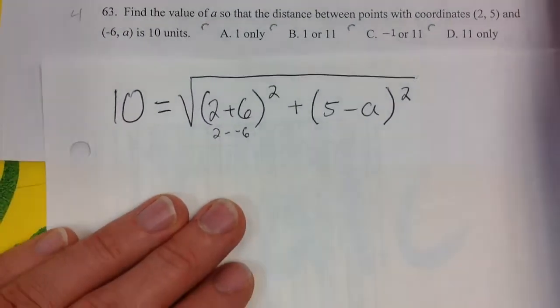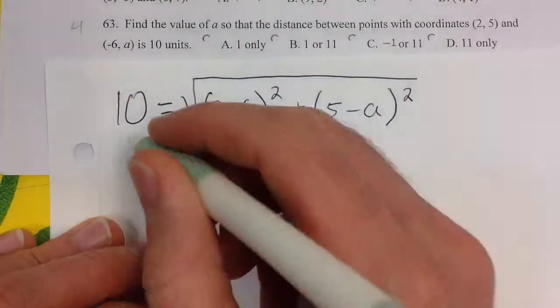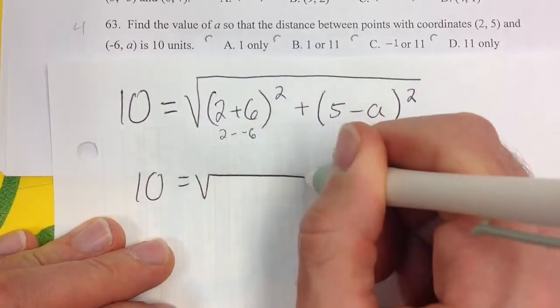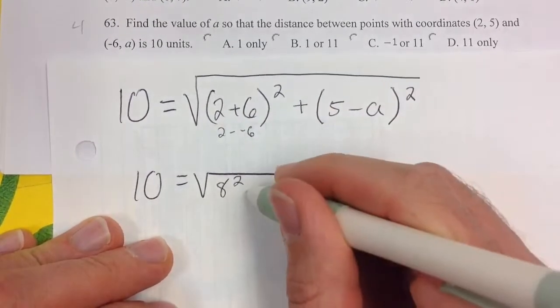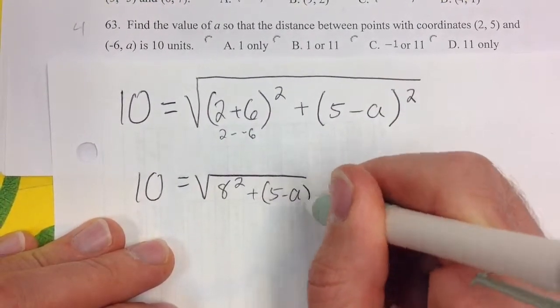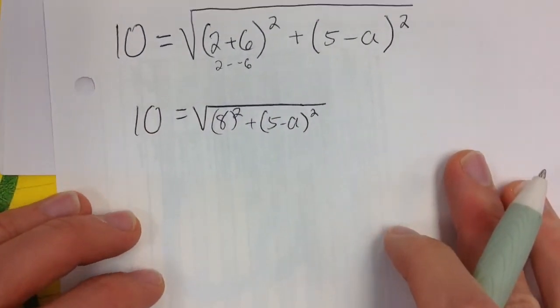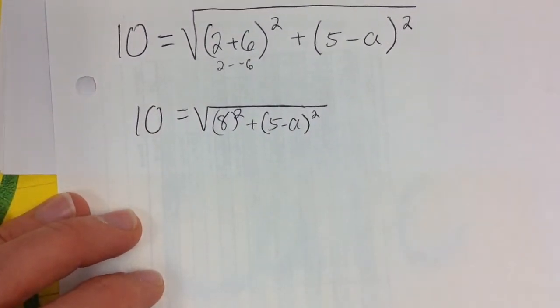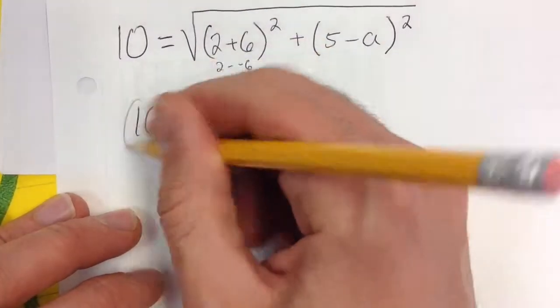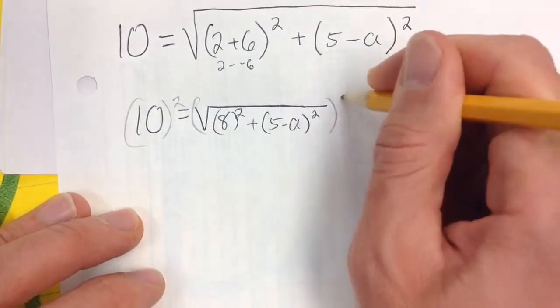10 equals the square root of 8 squared plus 5 minus a squared. And then take the square of both sides. I love that strategy, because that wipes out the radical.